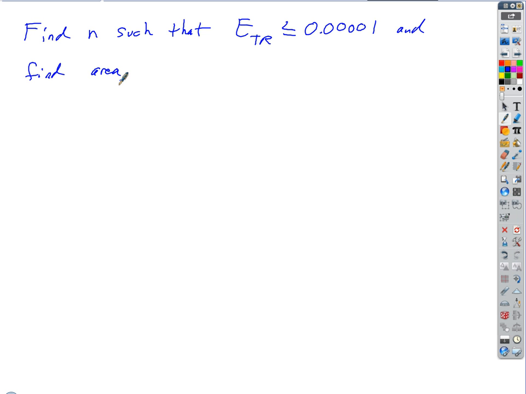We're gonna find the value of n for that given tolerance, 4 zeros. And then let's actually calculate what the resulting area would be to that tolerance, okay? And here's the function. So we're trying to estimate the area under the curve 1 over 1 plus x from 0 to 1, okay? What part do we have to do first?